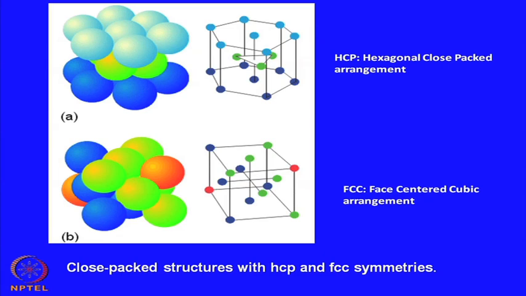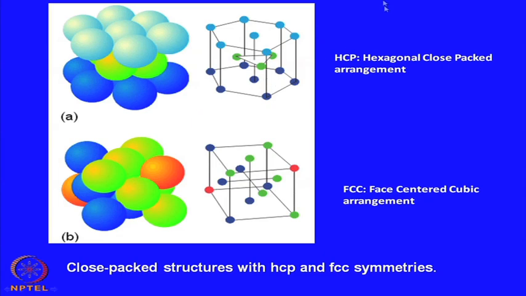For clarity, this has been shown here with smaller atoms, which are not touching each other in this direction, but in reality they are touching each other. We are just trying to represent the same picture.